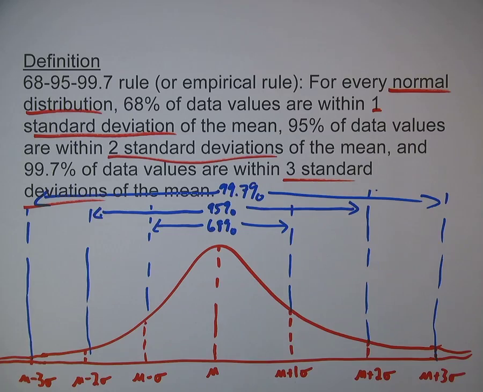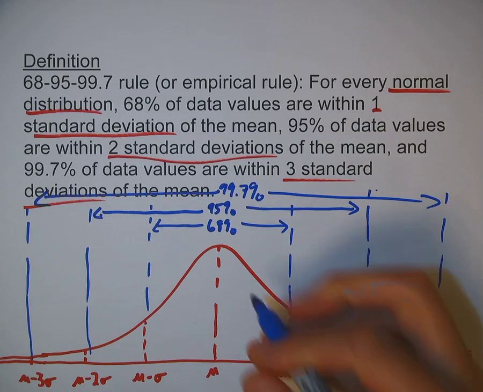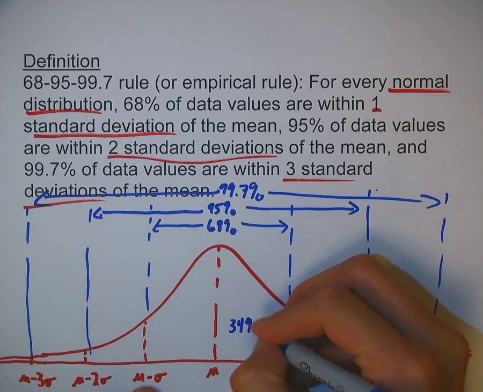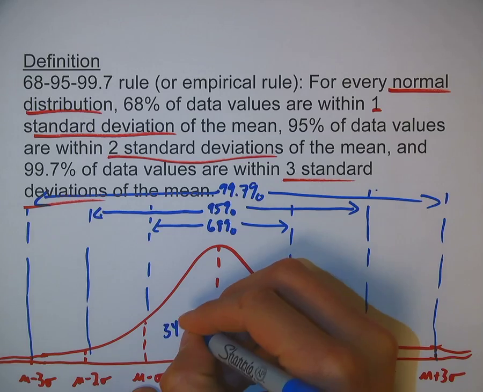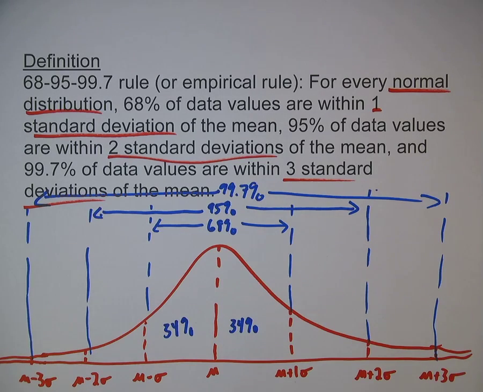Okay, now we can also figure out what percent lies within each of these little subdivisions here. So we know that a normal distribution is symmetric. So this 68% in the middle here within one standard deviation can easily be broken down into 34% and 34%. Now to figure out what goes in these two regions, they're also symmetric, so these values are going to be both the same.